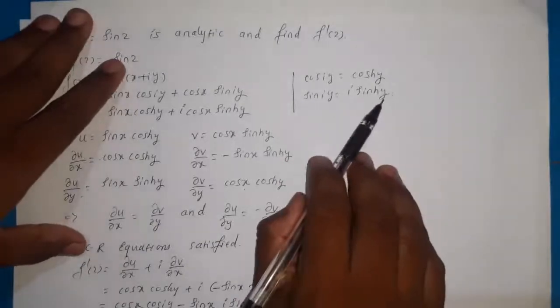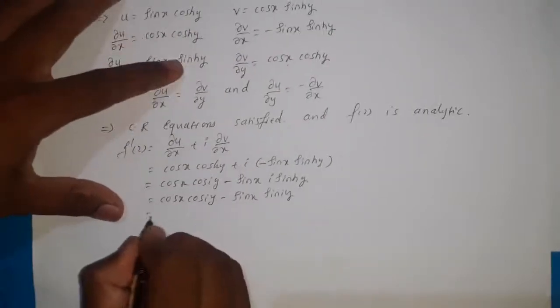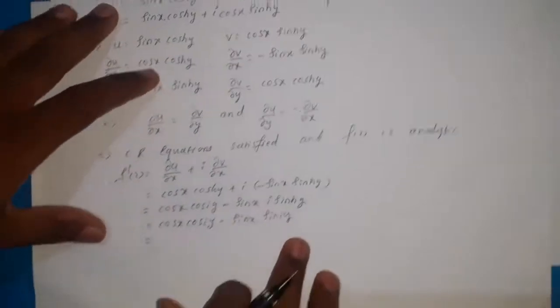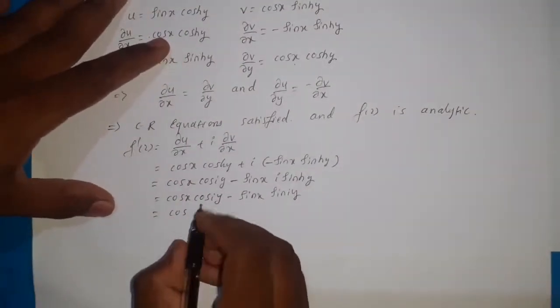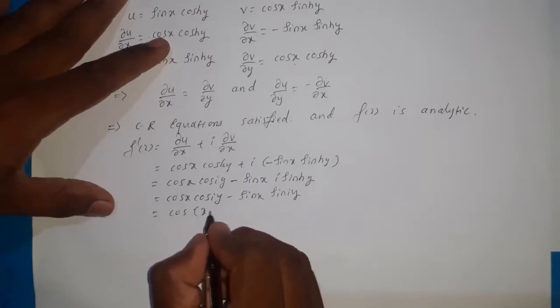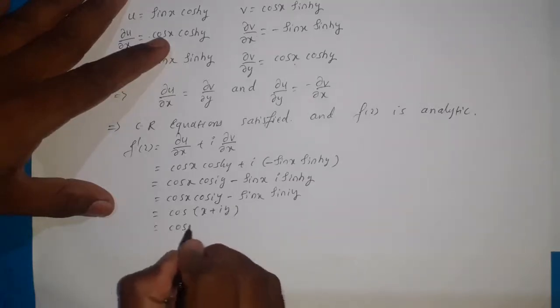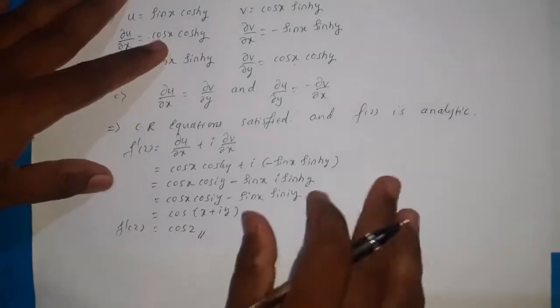So i sin hyperbolic y is equal to sin iy. Now it is of the form cos a cos b minus sin a sin b, which can be written as cos of x plus iy, which is equal to cos z, that is f dash of z.